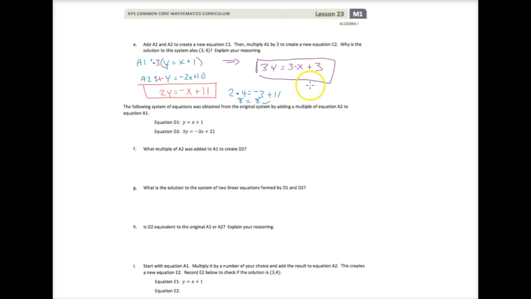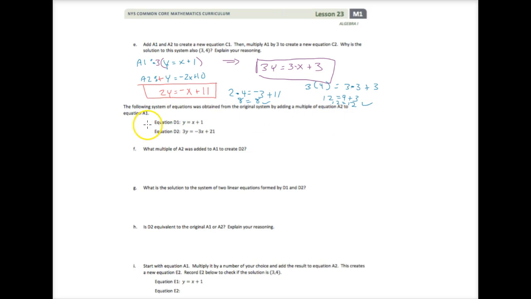Check. Or 3 times 4 equals 3 times 3 plus 3. And hopefully you see here that we have 12 equals 9 plus 3, or 12 equals 12. Yay, good math.